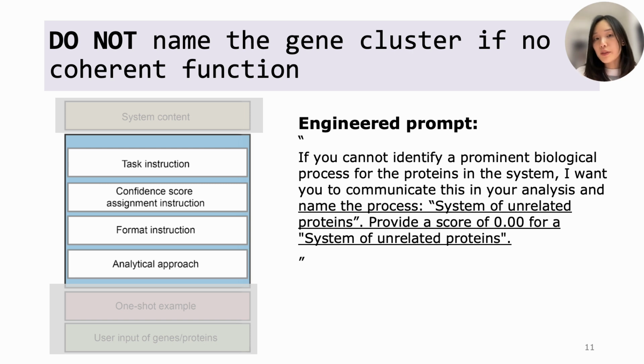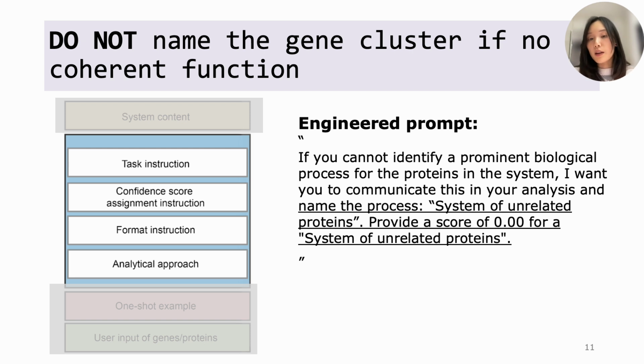In real life scenarios, there might be artifacts, contaminations, false discoveries during the experimentation or downstream data analysis. So it is more important for us to have a hint on potential noise in the data. We don't want the LLM to hallucinate a name for any given gene set.